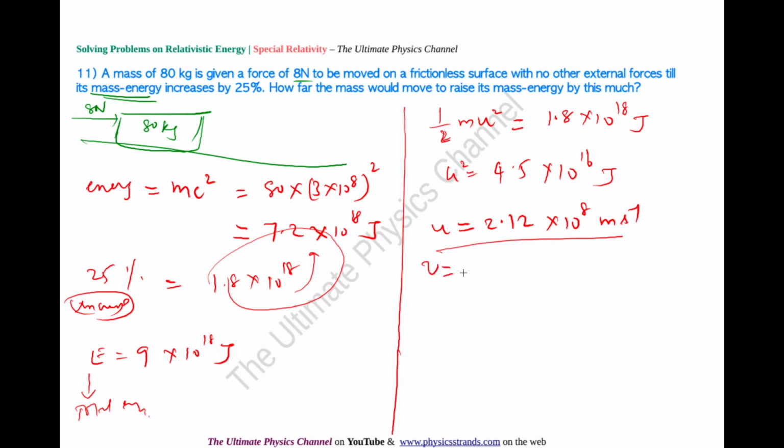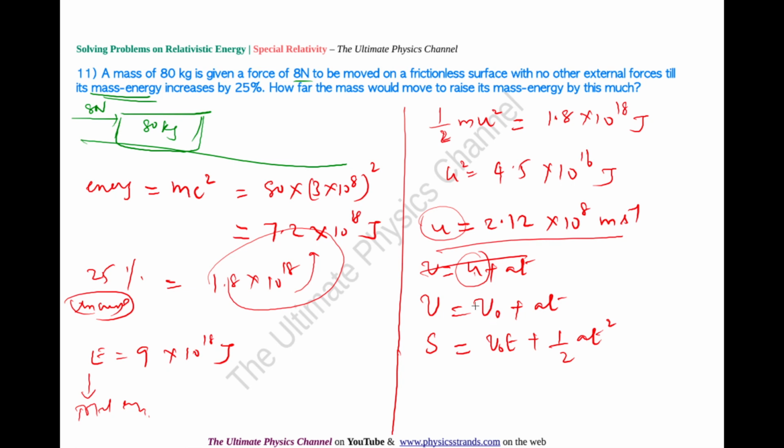V is equal to u plus at. Since we have taken the velocity to be u here, the initial velocity I will convert to V naught. This expression again, right? V is equal to V naught plus at. And similarly, we have another expression for the distance moved, that is S is equal to V naught t plus half at squared.